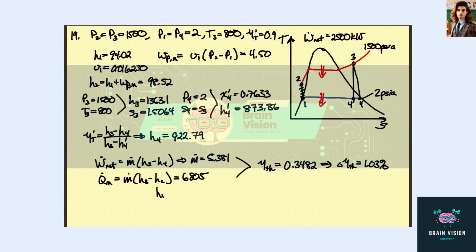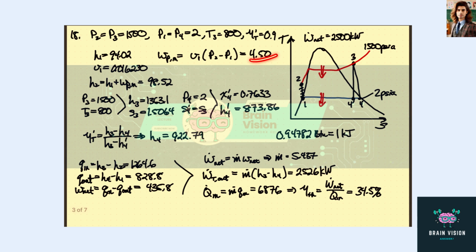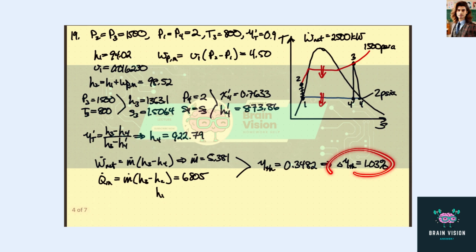That isn't surprising, because this was about 1% of this. So it's not surprising that we get just a 1% change here, and that neglecting the work going from here to here is very small compared to what's happening from here to here. So a lot of times the work done by the pump is just neglected.